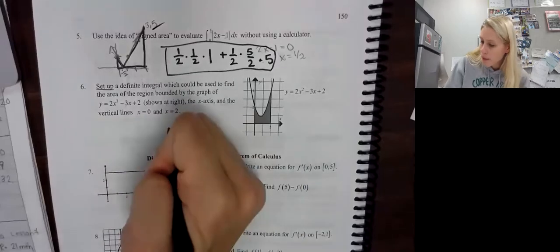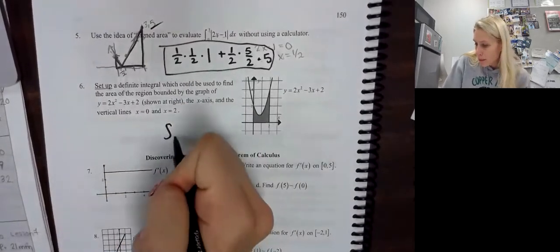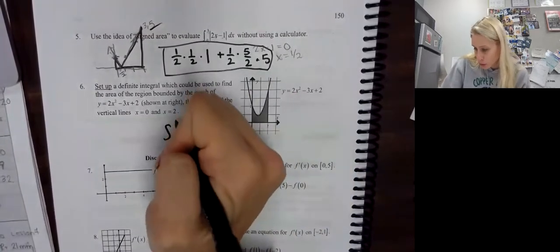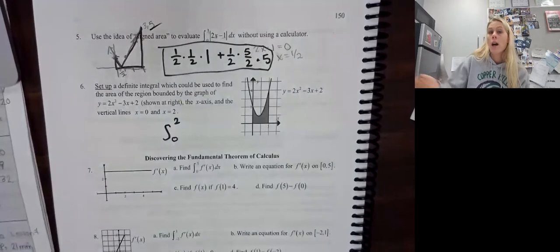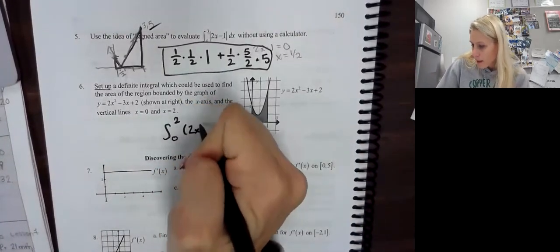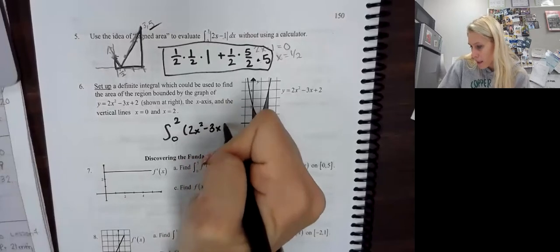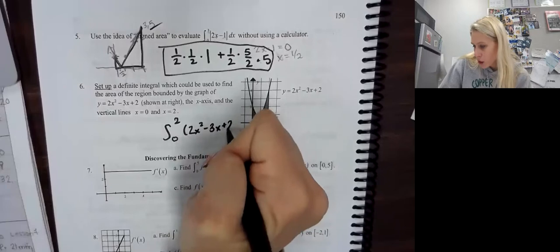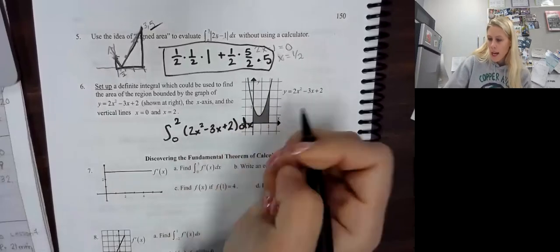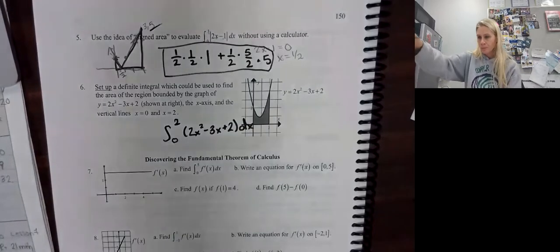So remember that it's the integral. It's our lower boundary, or where we start, which is at 0, to where we stop, our upper boundary, which is 2, of our function. And don't forget that since we are taking the integral, this function actually is dx. Okay, and that's it. That's all we had to do.